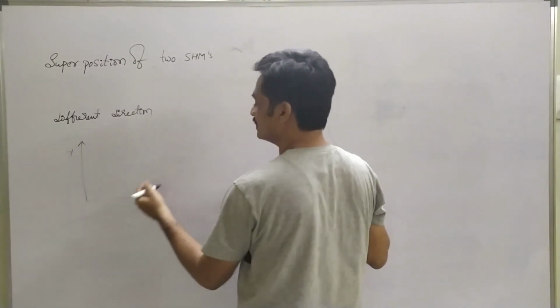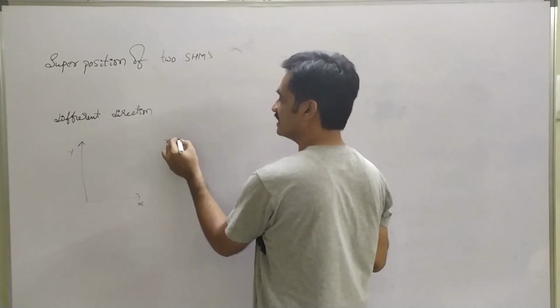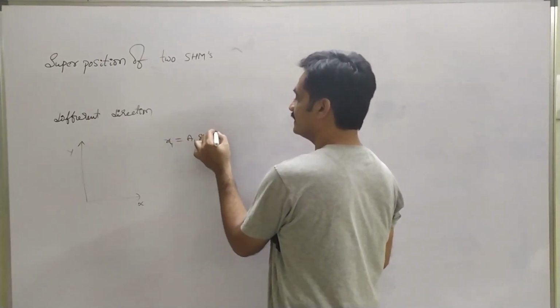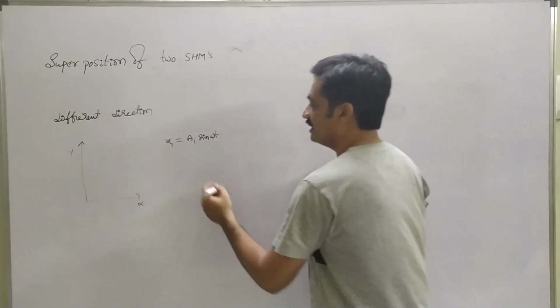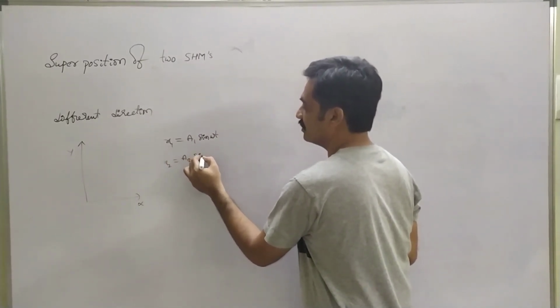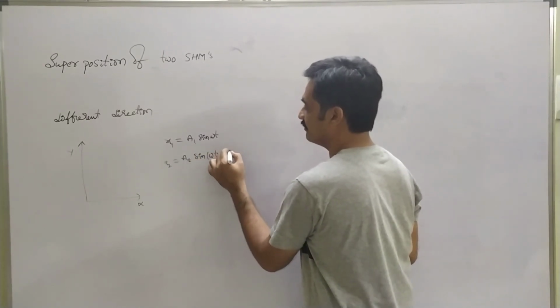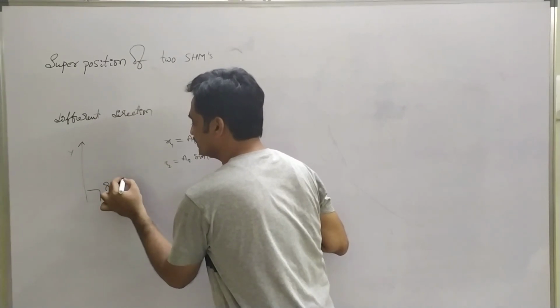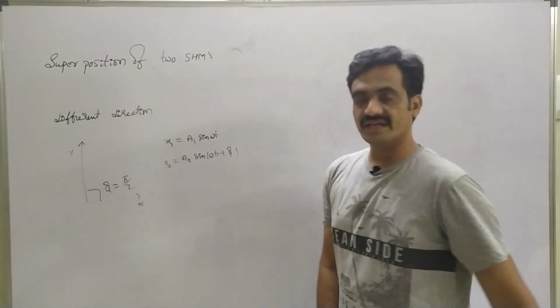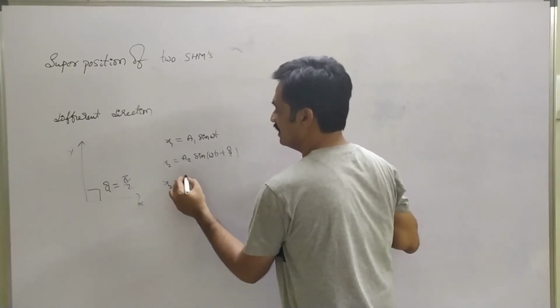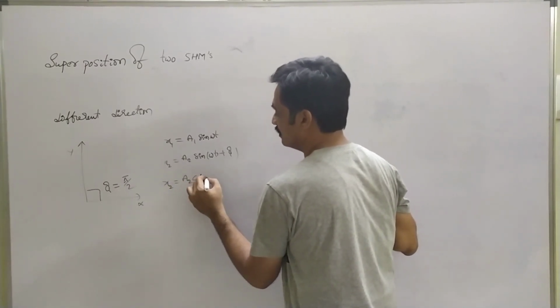Then the displacements of these two SHMs are given as x1 equals A1 sin omega t and x2 equals A2 sin(omega t plus phi). Observe that here phi equals pi by 2. As we substitute, we have x2 equals A2 cos omega t.